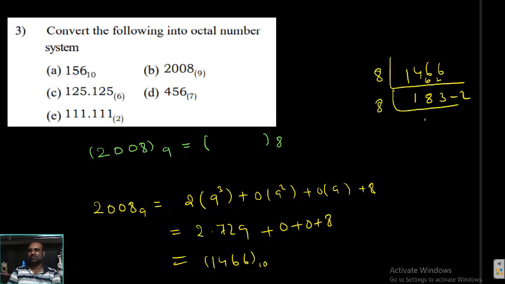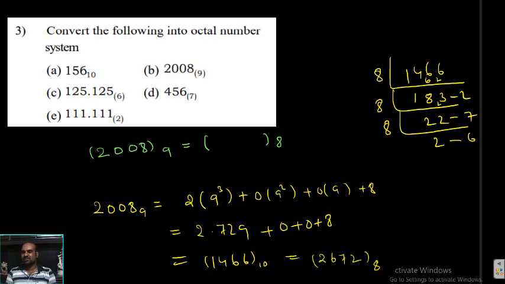Again with 8. 8 2s are 16, 2 remainder, 20. 8 2s are only 16, what is the remainder? 7. So 8 should be divided by 8, 8 2s are 16, 16 means 6. Again you can't divide directly. So what I can say, 2627 base 8.